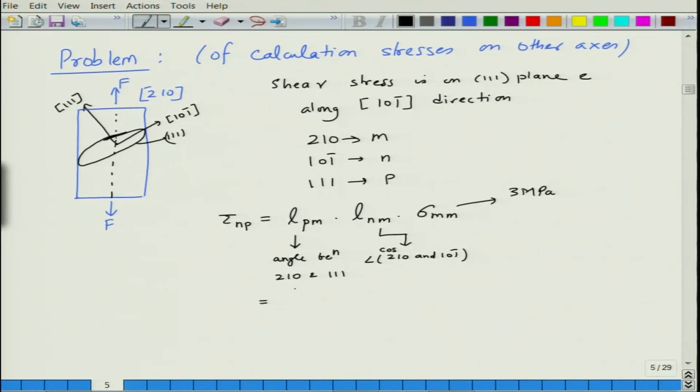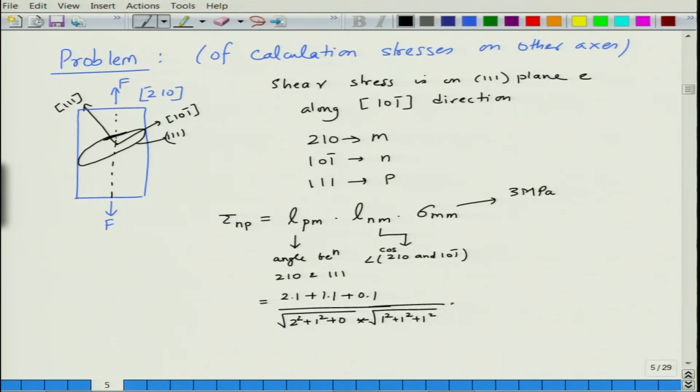So, what is the angle between 210 and 111? That is nothing but 2 into 1 plus 1 into 1 plus 0 into 1, divided by square root of 2 square plus 1 square plus 0, multiplied by square root of 1 square plus 1 square plus 1 square.